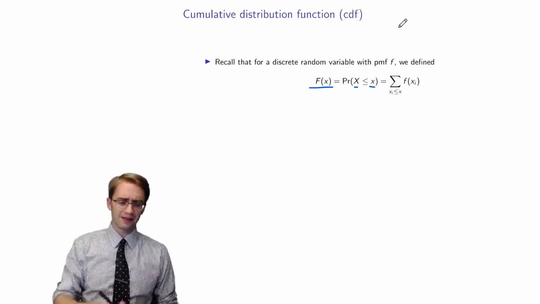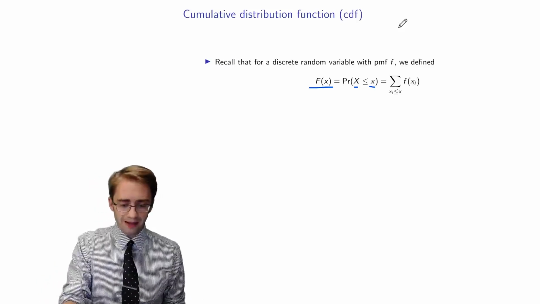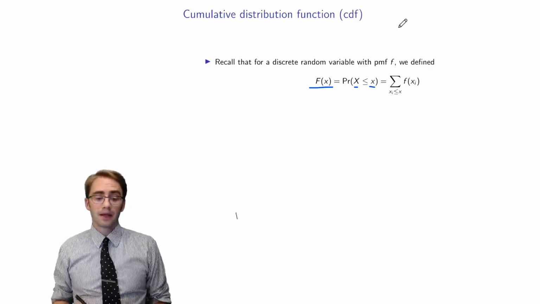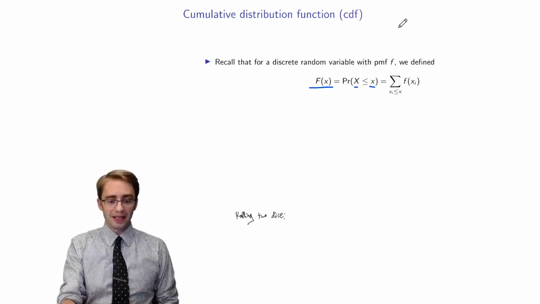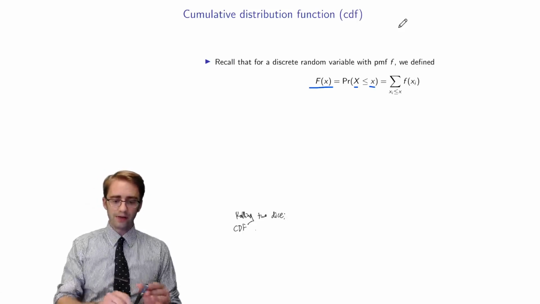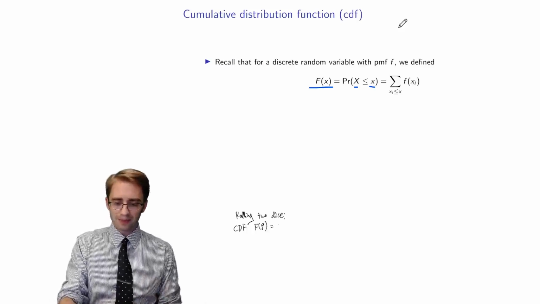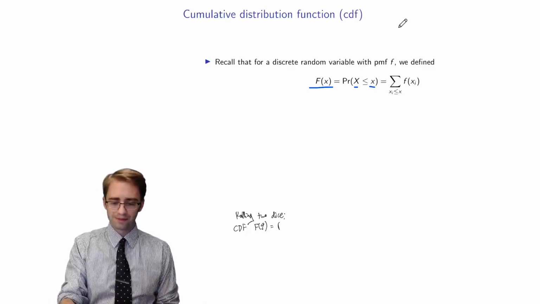In fact, I'll write that down just to make sure we don't forget, for rolling 2 dice. We would say that the CDF, F of 9, and that's a totally arbitrary number, is the probability of rolling at most 9.